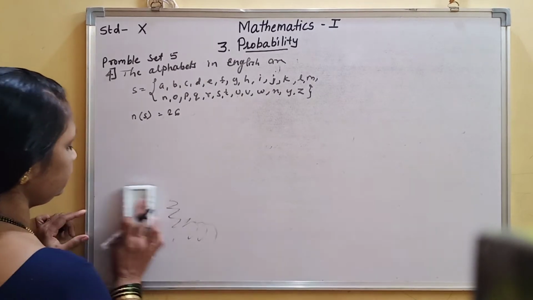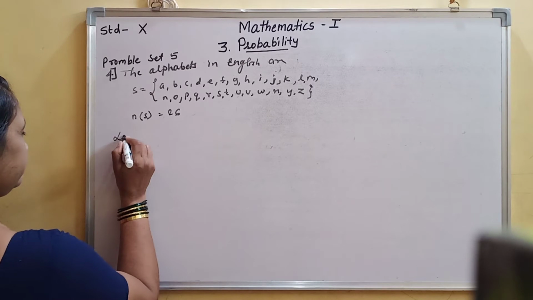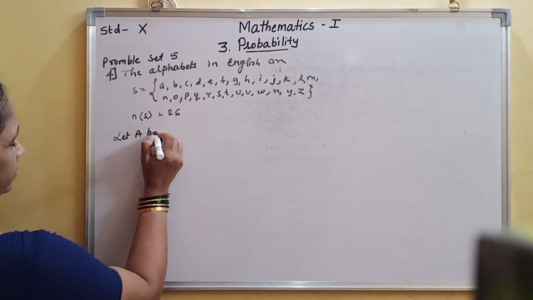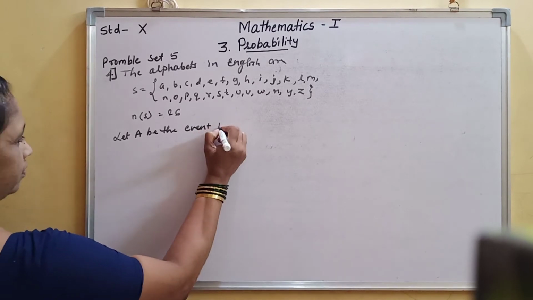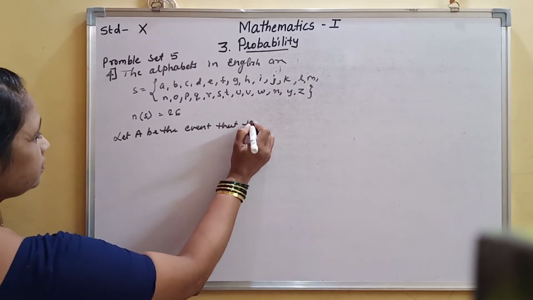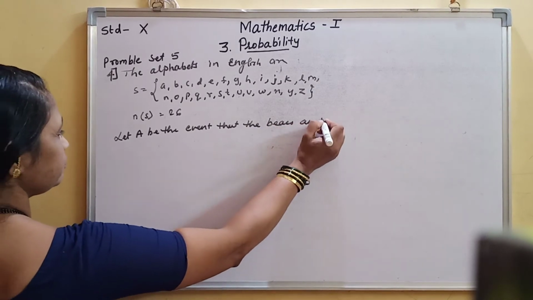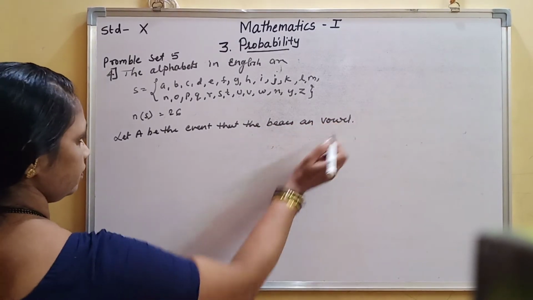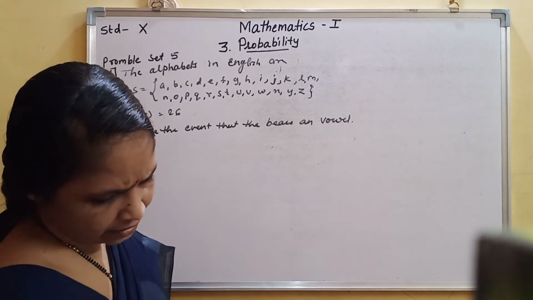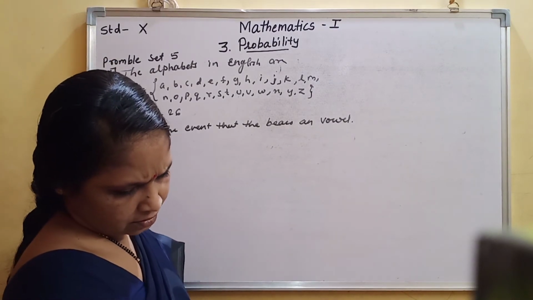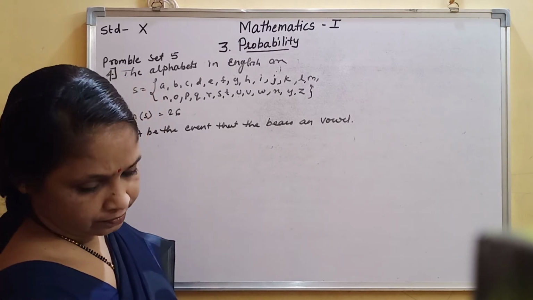Now let A be the event. What is the event? Let A be the event that the card bears a vowel.